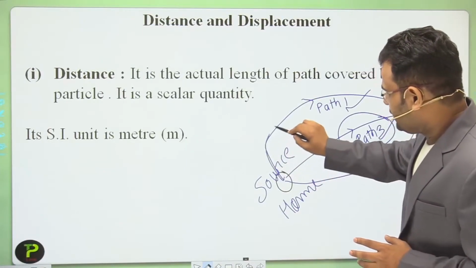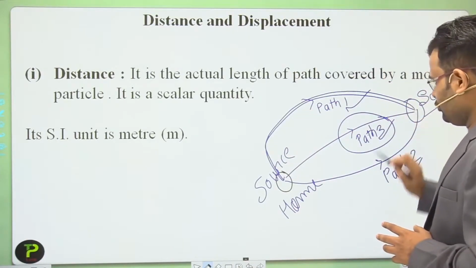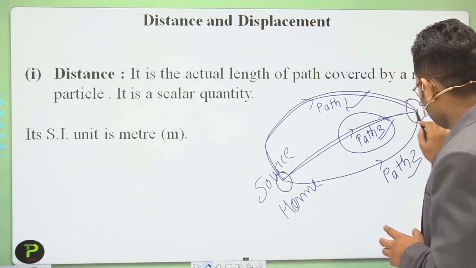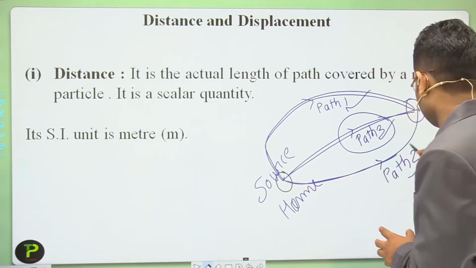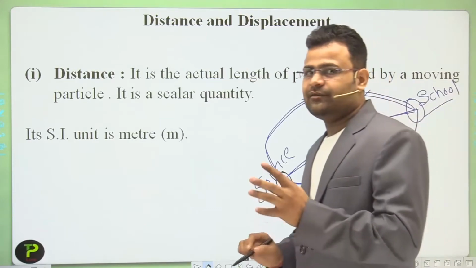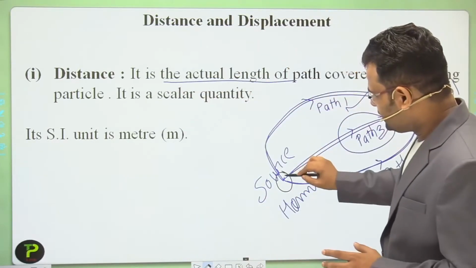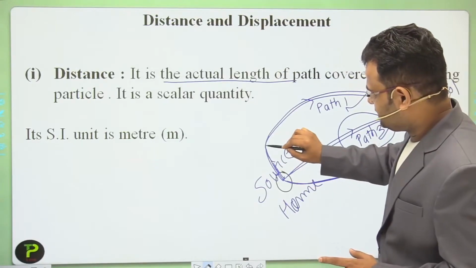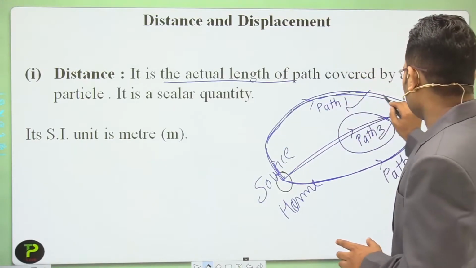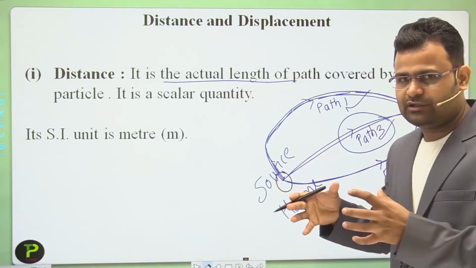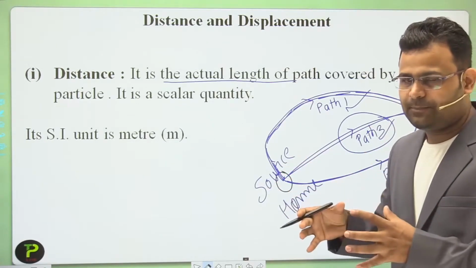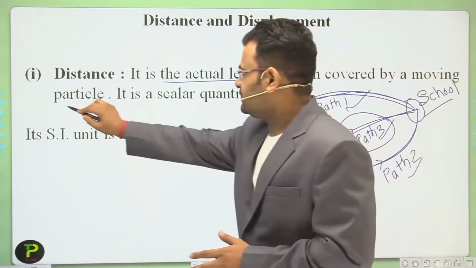The path covered by an object, this is also a path, that is also a path. The path covered by an object is the actual path length. Dear student, you move in that direction, use all the paths and calculate all the distance measurements, and then we get the distance.